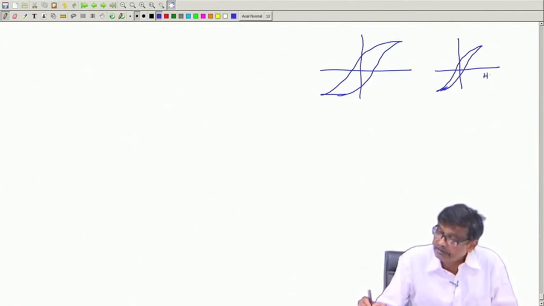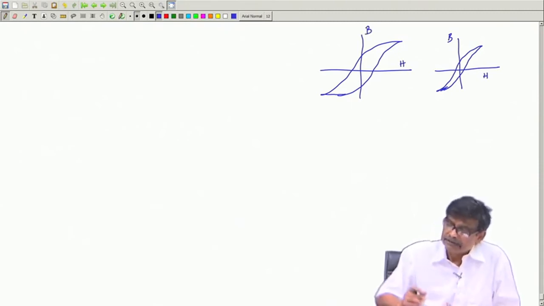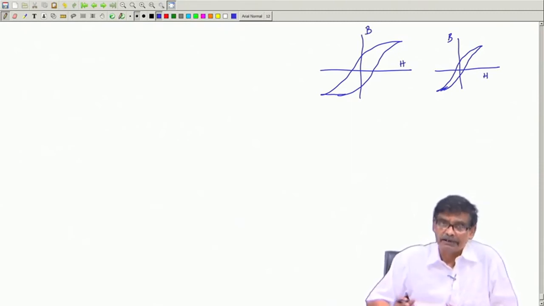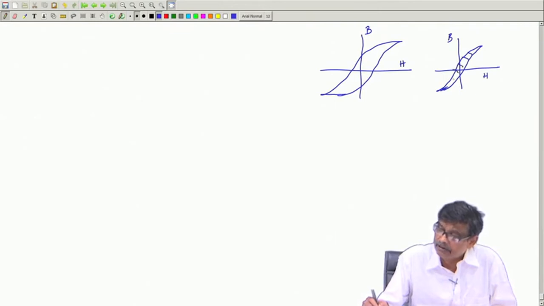This is H, this is B. In fact, it depends upon the application. In case of transformer application, we will demand that this area is as small as possible.